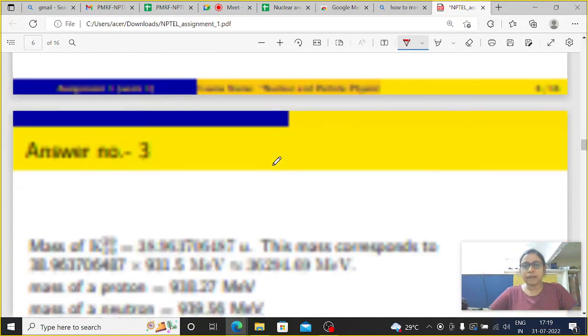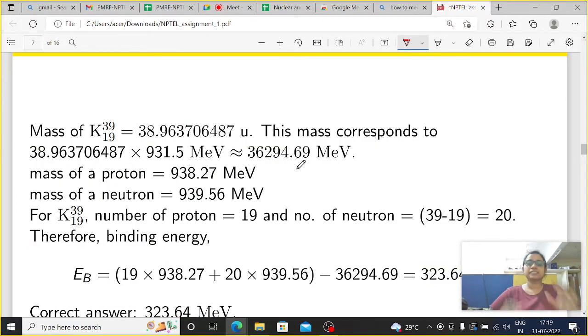The binding energy is nothing but the energy which binds our nucleus, and also the mass. It is given here that the mass of potassium is 38.963706 U, but it is in units of U. So at first we have to convert that into MeV.